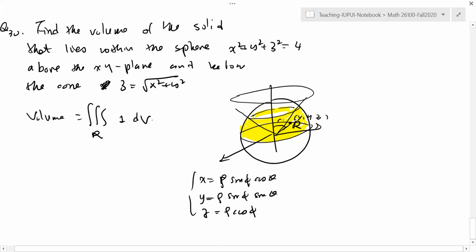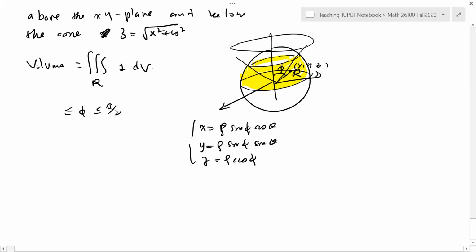Now, what is phi? Phi is this angle phi, right? So clearly phi is less than pi over 2, but greater than some angle. That angle is determined by the cone. I think that angle must be pi over 4.